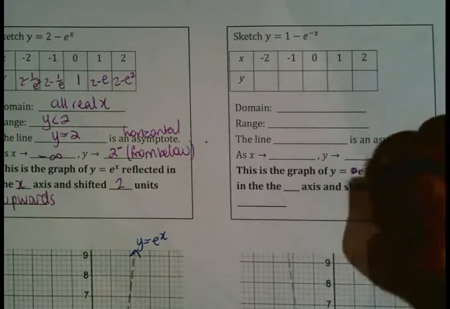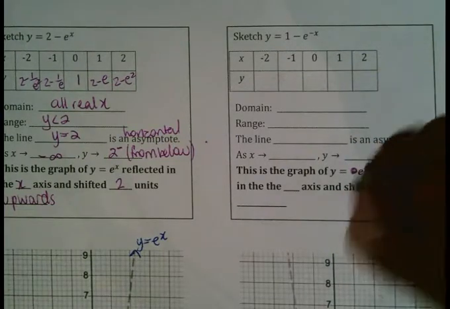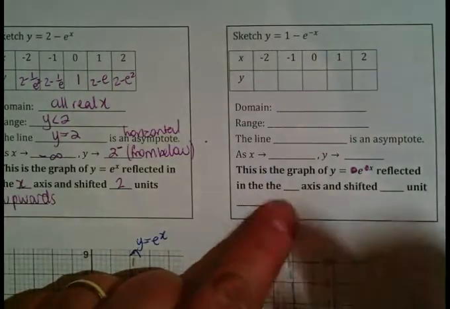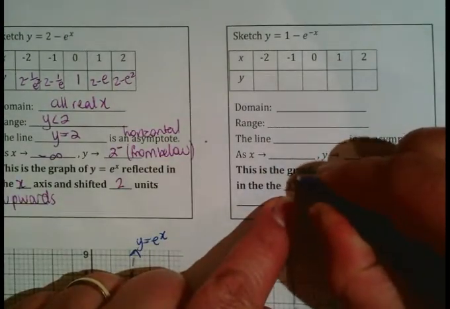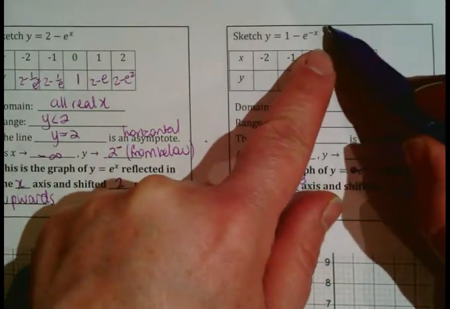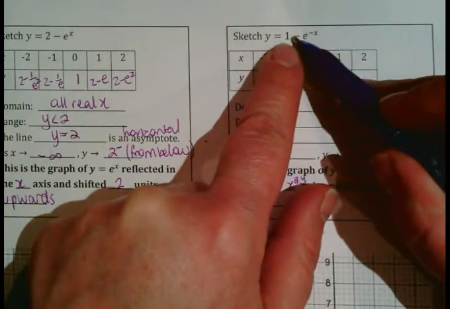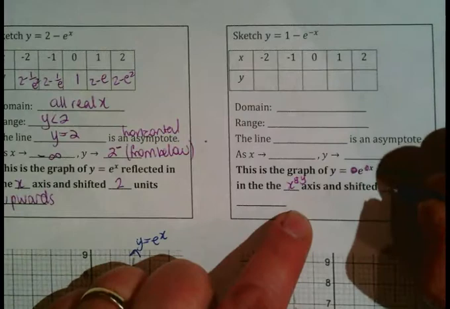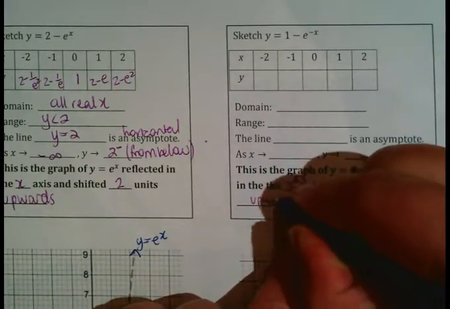You would really start with e to the x. So you should really say, this is the graph of y equals e to the x reflected in the x and y axes. So this would be e to the x. Reflected in the x-axis makes it negative. Reflected in the y-axis puts a negative here, and then shifted 1 unit upwards.